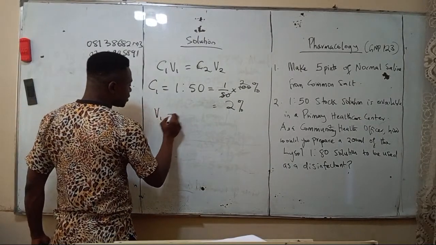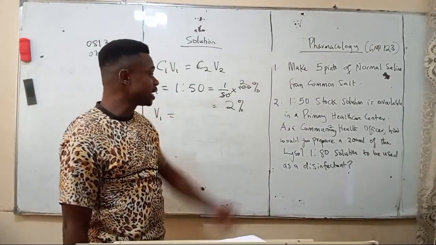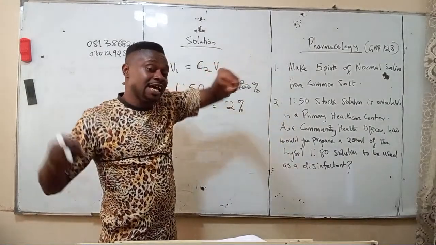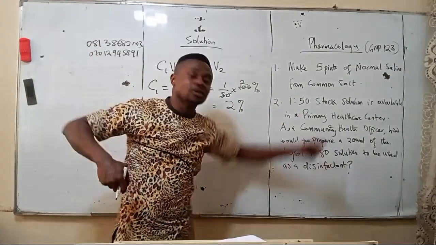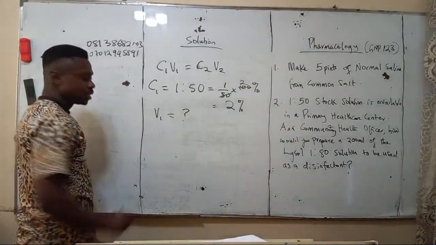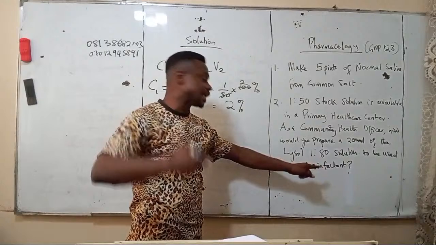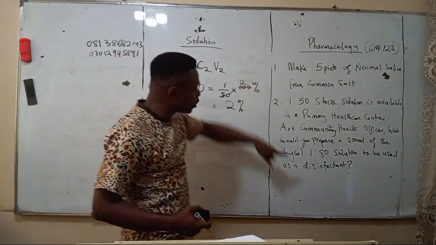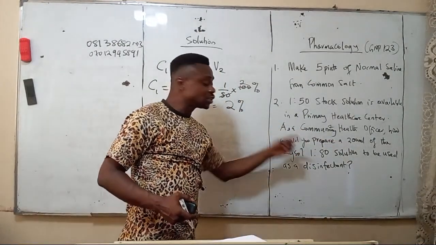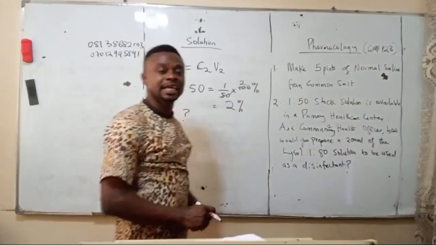Then V1, we don't know V1. V1 is the volume of this stock solution you will take and add water to produce the second volume and concentration. We need to find this V1. Then the second concentration, of the one you are going to use as disinfectant, is 1 in 80.